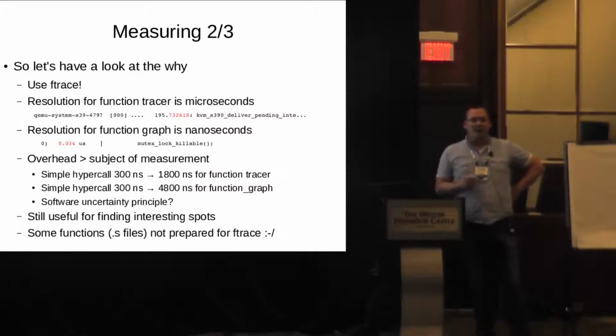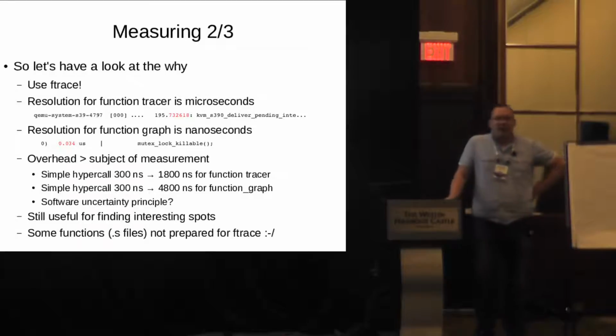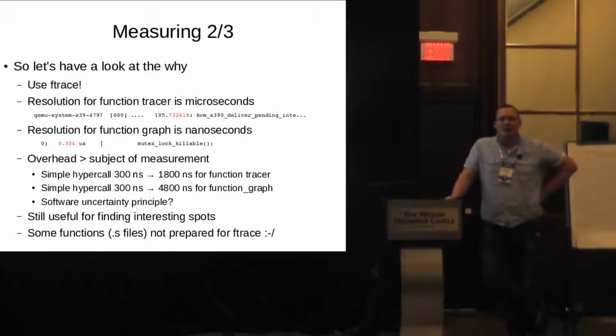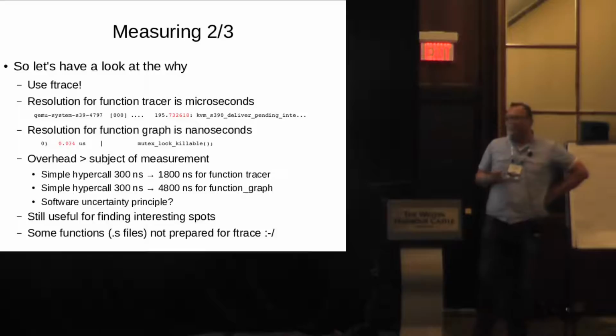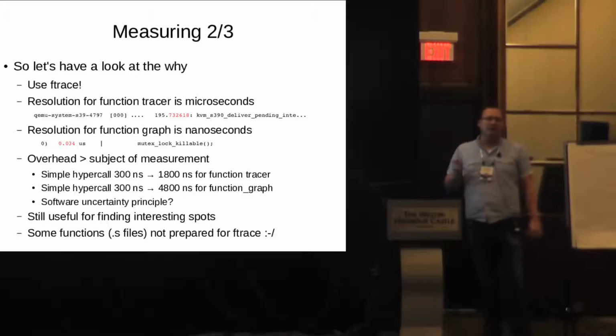So I started my measurement, and whoop, I realized that just enabling the function tracer makes that particular benchmark that I had 10 times slower, or even more than 10 times for the function graph tracer.